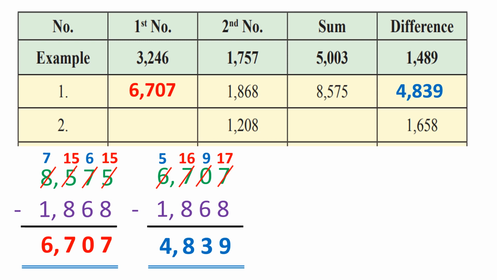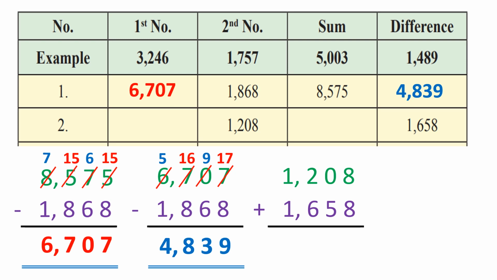You have the second number and then you have the difference. To get the first number, you add the second number and the difference. 1,208 plus 1,658.